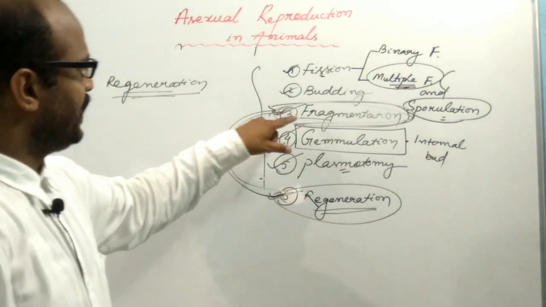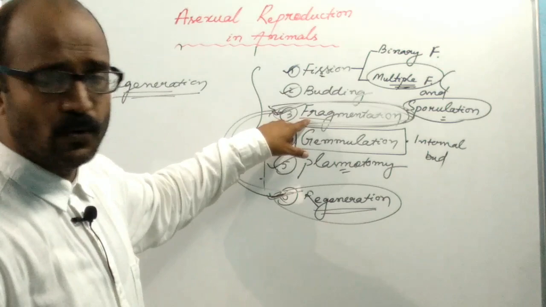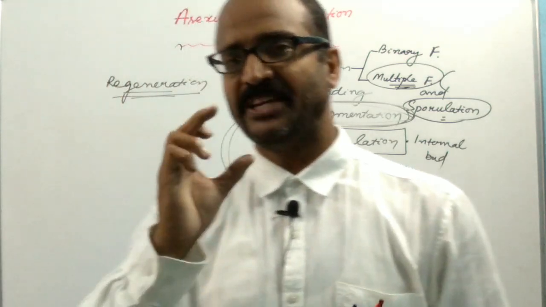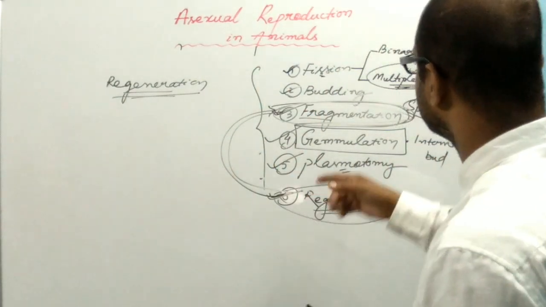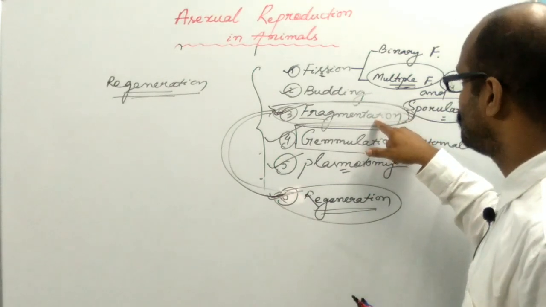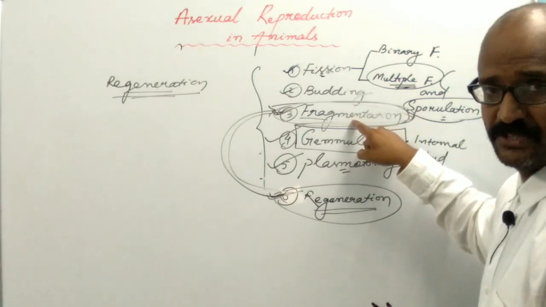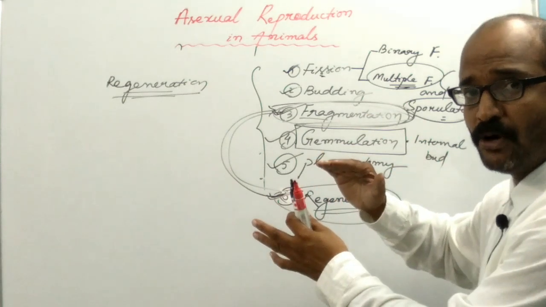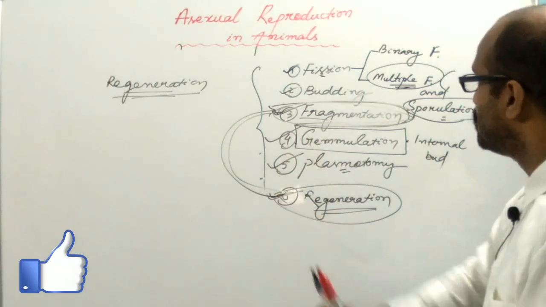So fragmentation, in other words, you may say, if you cut the sponge into different pieces, then each piece of sponge produces a new individual. This process is known as fragmentation. Actually, this fragmentation found in sponge is a 100% process. If you cut the sponge into several pieces, then each piece becomes a new individual.